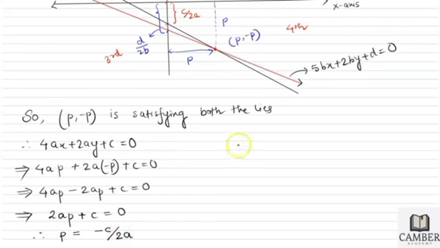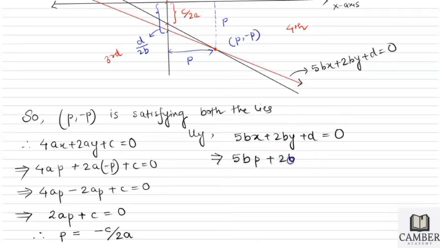Similarly for the other line we can write, we have 5bx plus 2by plus d is equal to 0. This line is also satisfying p comma minus p, so that implies 5bp plus 2b into minus p plus d is equal to 0.